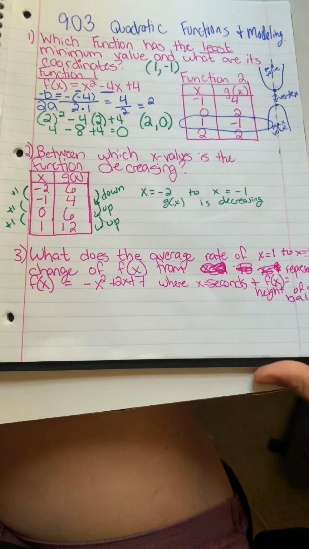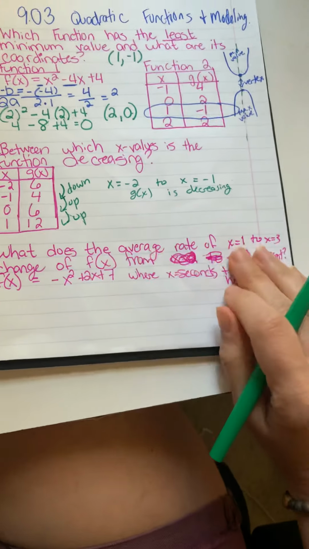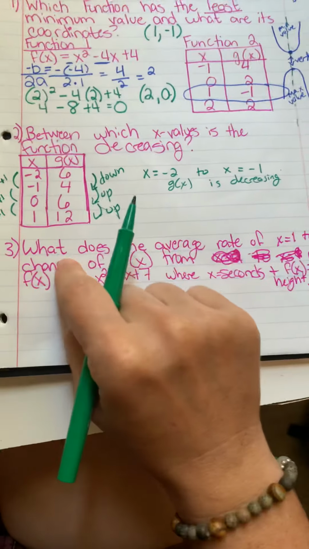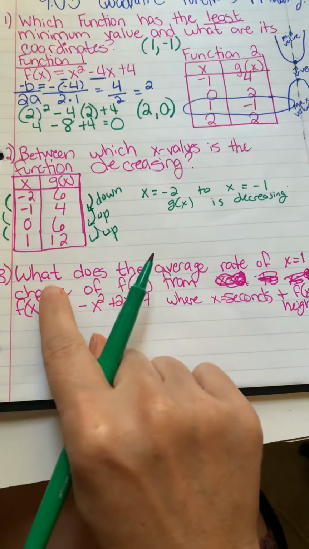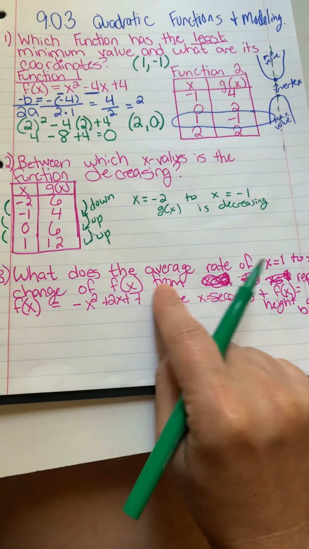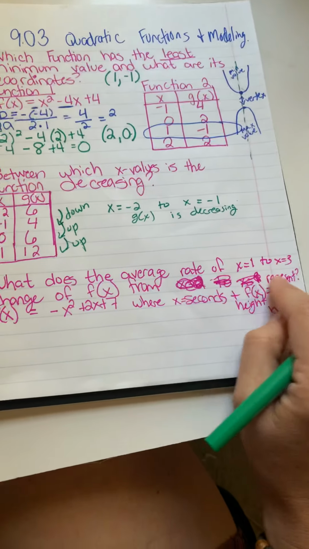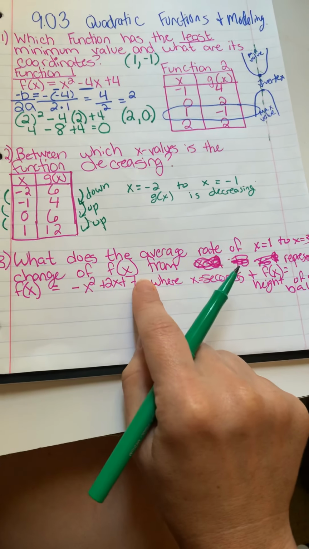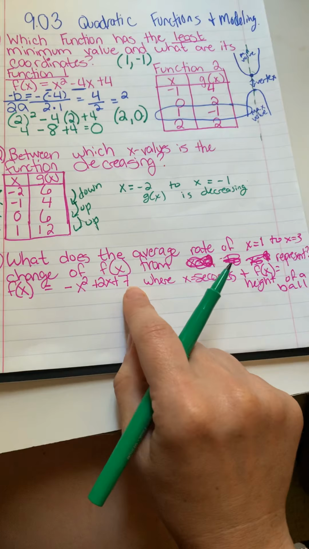All right, question 3. And I'm sorry, this is messy. I wrote the wrong numbers here, so I had to rewrite it up here, but I'd already written all of this. What does the average rate of change of f of x from x equals 1 to x equals 3 represent? And this is the question out of the lesson again.